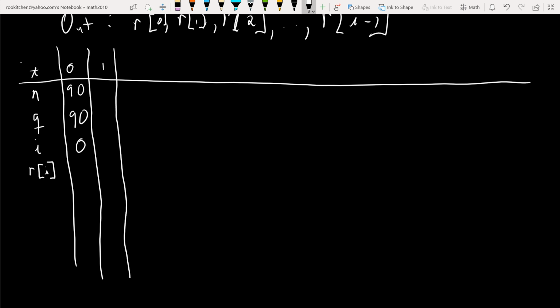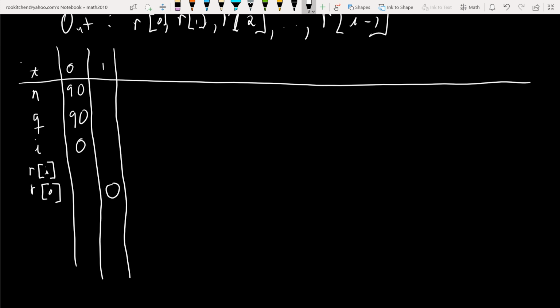Here, i is 0, so that OR statement will be true. And we can then go ahead and get our first R of 0, sorry. So in the loop here, R of 0 will be q mod 2, which is 0.